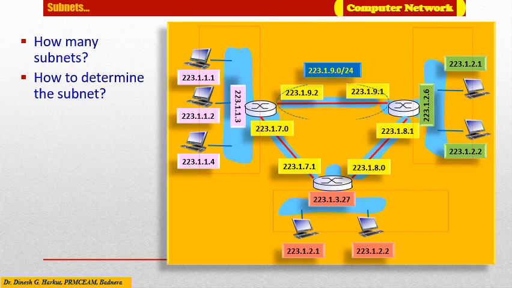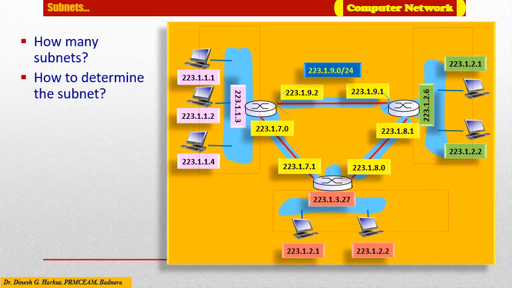One subnet, 223.1.9.0/24, is for the interface that connects router R1 and router R2. Router R1 and router R2 are connected over an interface, and this forms another subnet.